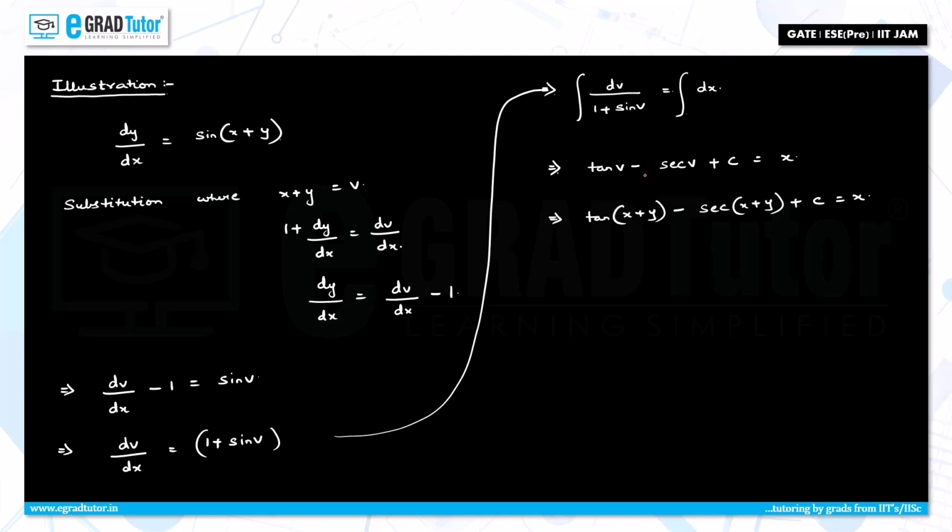This is your basic 12th class math. This is something that, when you remember it, is very handy in the exam. You keep dealing with this integral very often in the GATE exam.